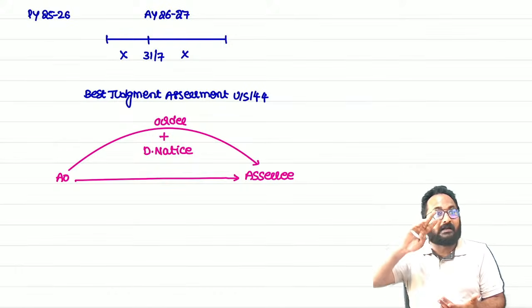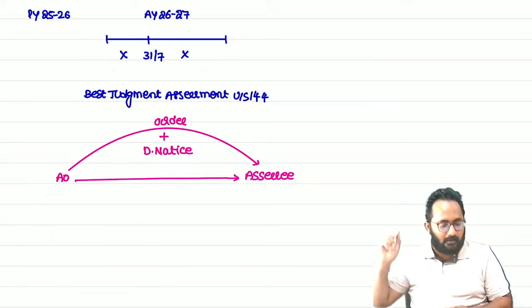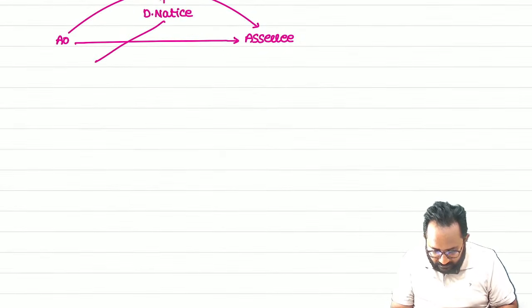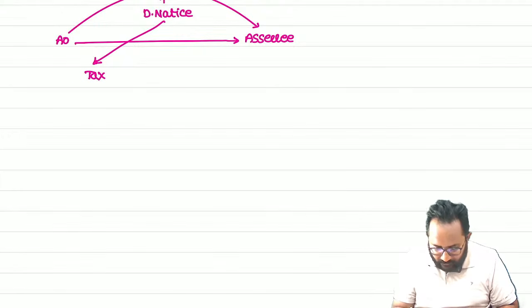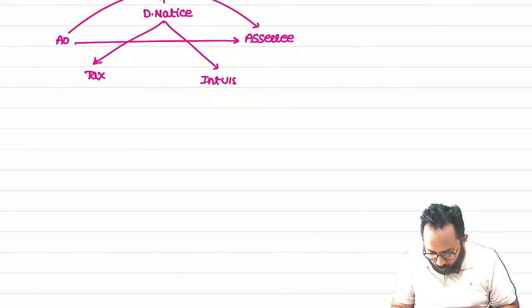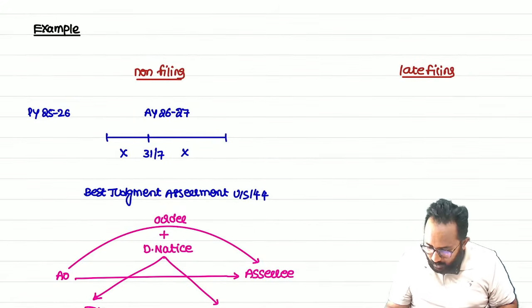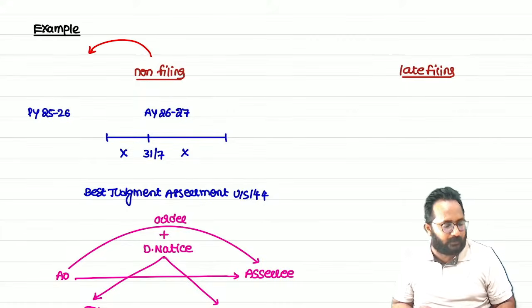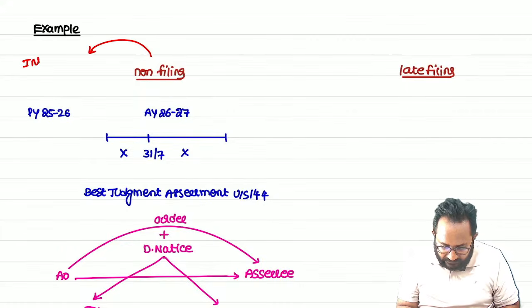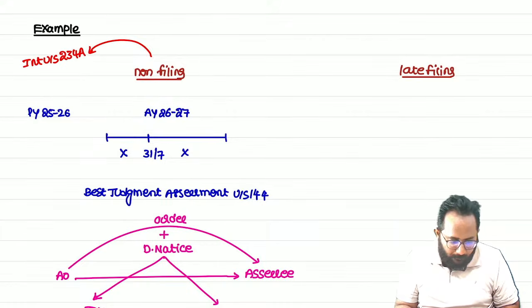So in the demand notice, the assessing officer will ask for the tax along with interest under section 234A. Please understand this logic: in case of non-filing, interest under section 234A will be computed by whom?